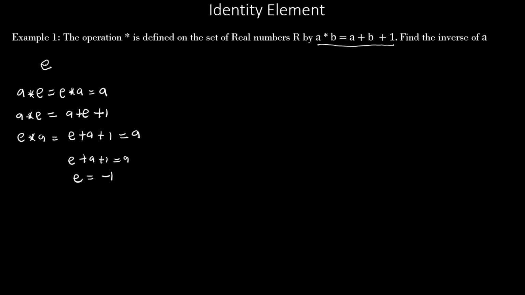So in looking for the inverse of a, we have to satisfy a condition in which a asterisk a prime equals e, and since we already have our e equal to minus 1, we now have a asterisk a prime equal to minus 1, and a asterisk b is defined as a plus b plus 1. This is the definition for our operation.